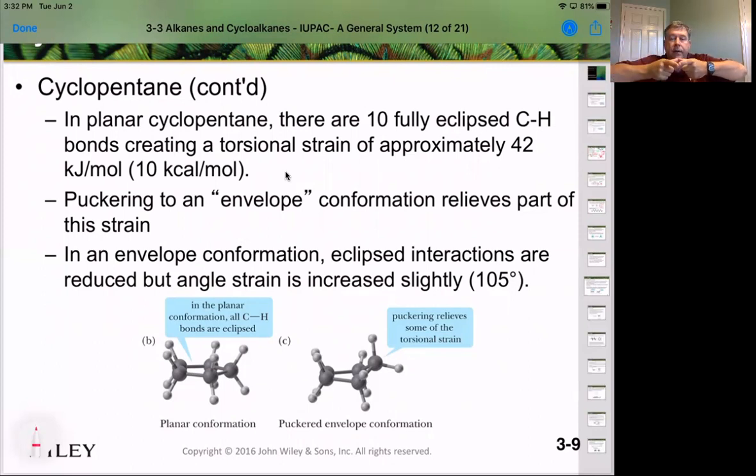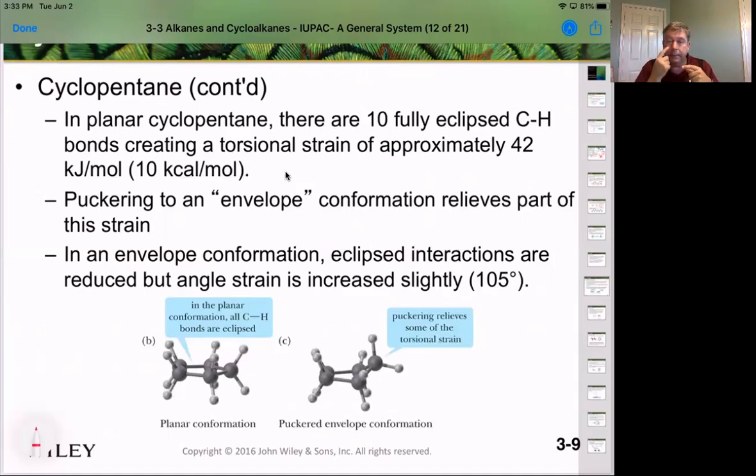But it wants to be 109.5 degrees, and it can't do that. So it's going to pucker slightly on one side to relieve a little bit of that strain, expanding from the 105 to the 108. So it's getting closer and closer to its ideal angle.